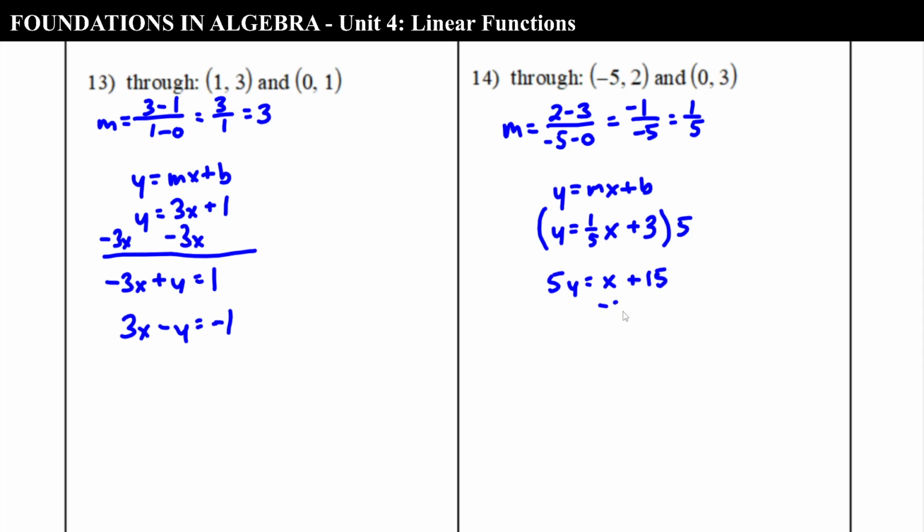And then subtract each side by x. So we got negative x plus 5y equals 15. Now we have to just flip the signs of everything so that our leading term is positive. And there's our equation in standard form.